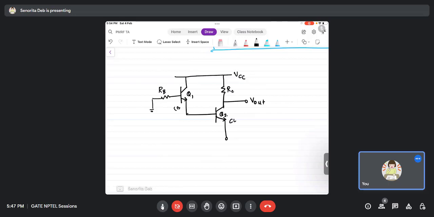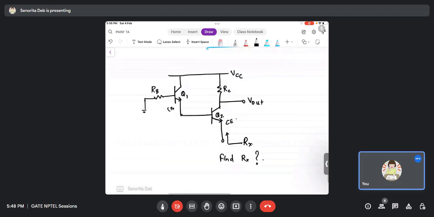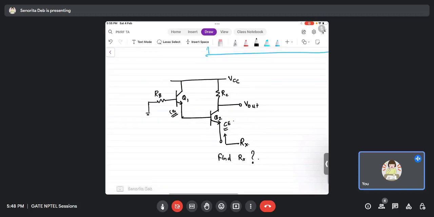Q2 is common emitter. You have to find Rx, and you did not solve the small signal model for this till now. If you have concentrated on whatever was going on, you won't need a small signal model for this, and this kind of question can definitely come in the GATE exam. Okay, this can be a topic. So Q1 is in CB, Q2 is in CE, and now please solve it and find Rx.